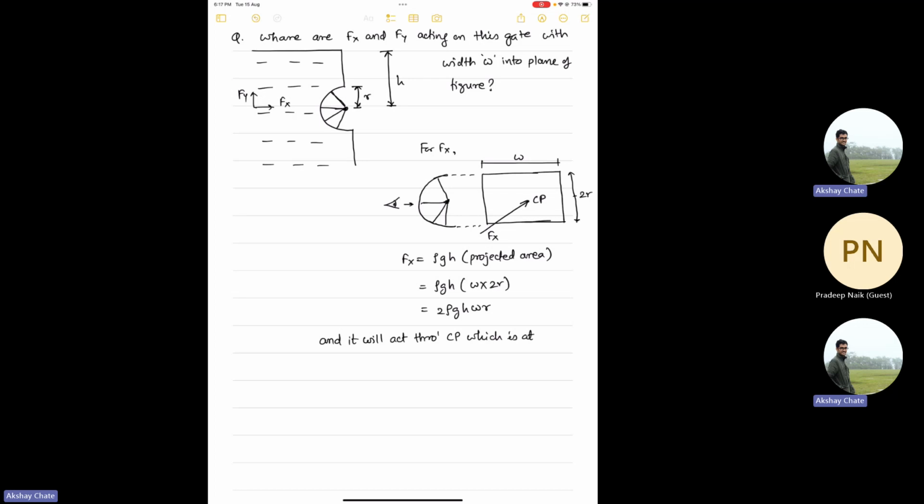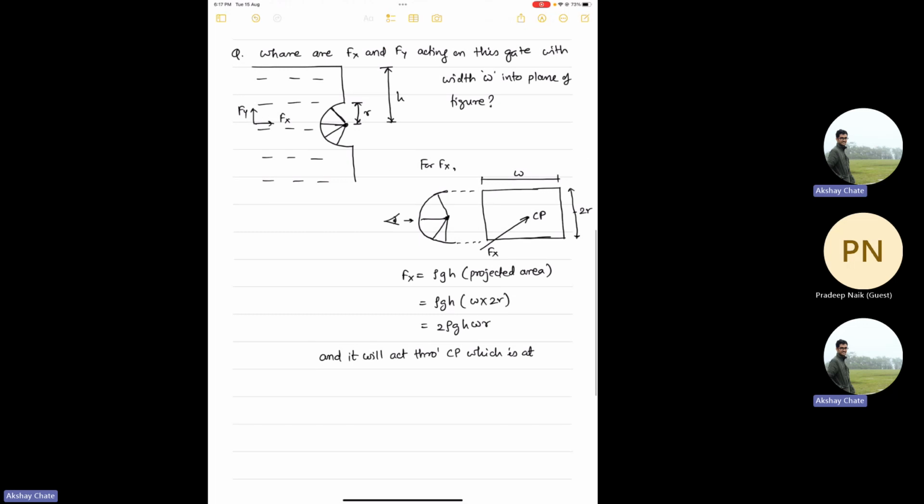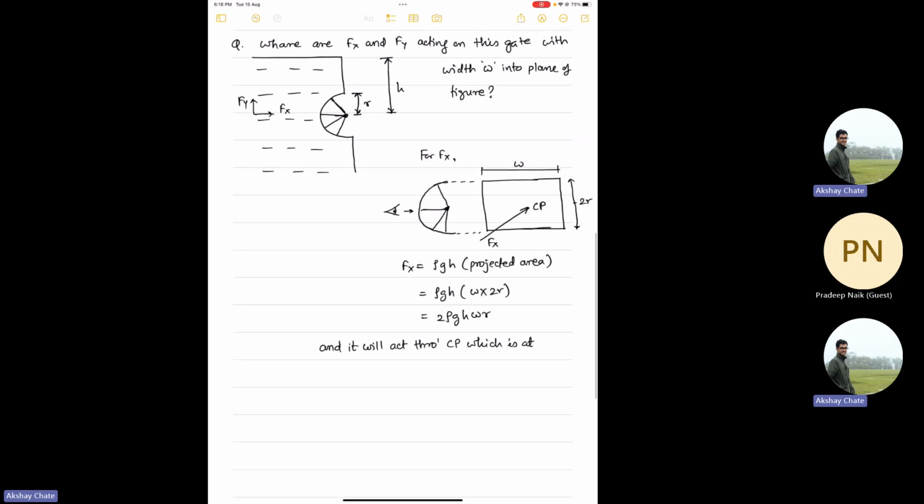So we have to take it from the top. Till the center it is H, right?